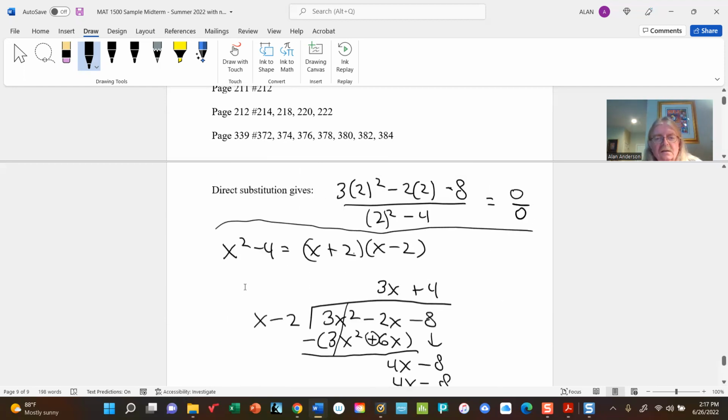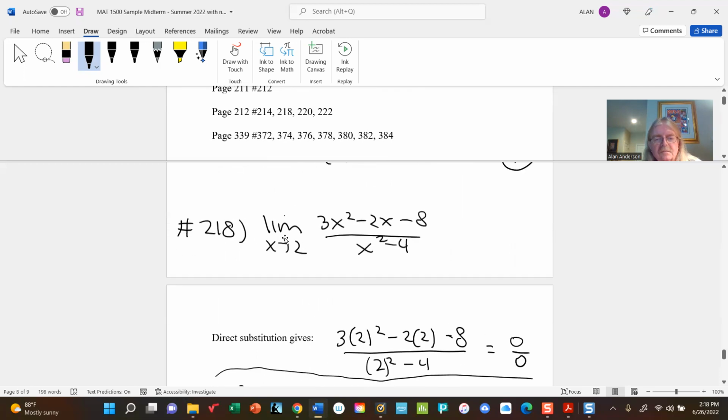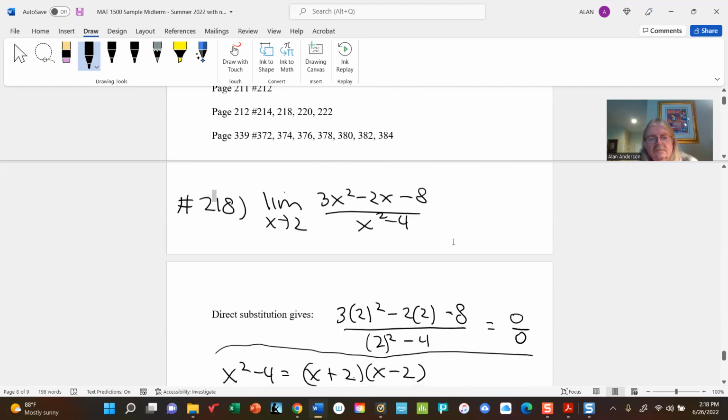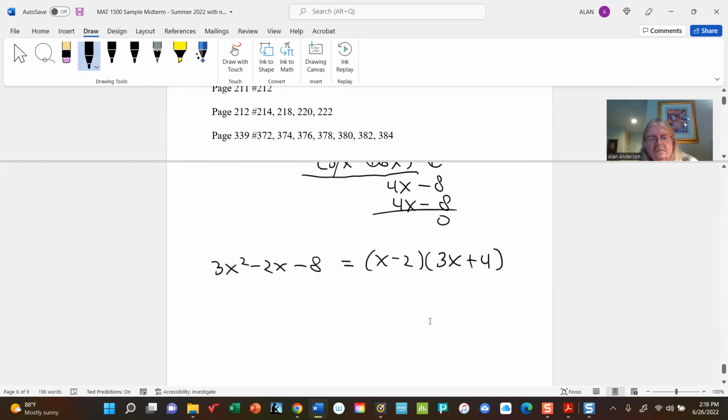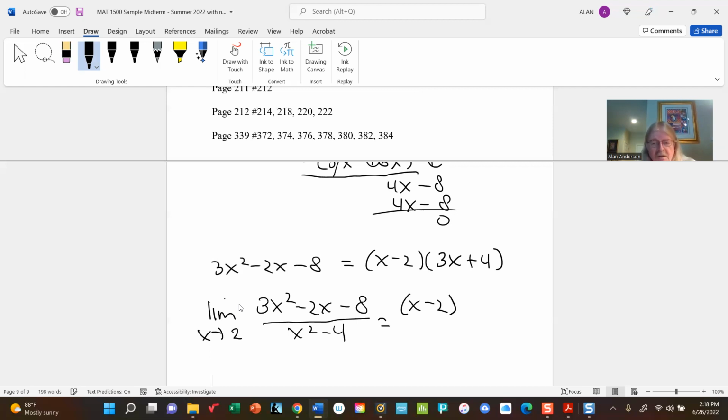Well, that helps a lot because all of a sudden, the original expression can be rewritten as x minus 2 times 3x plus 4, over x minus 2 times x plus 2.